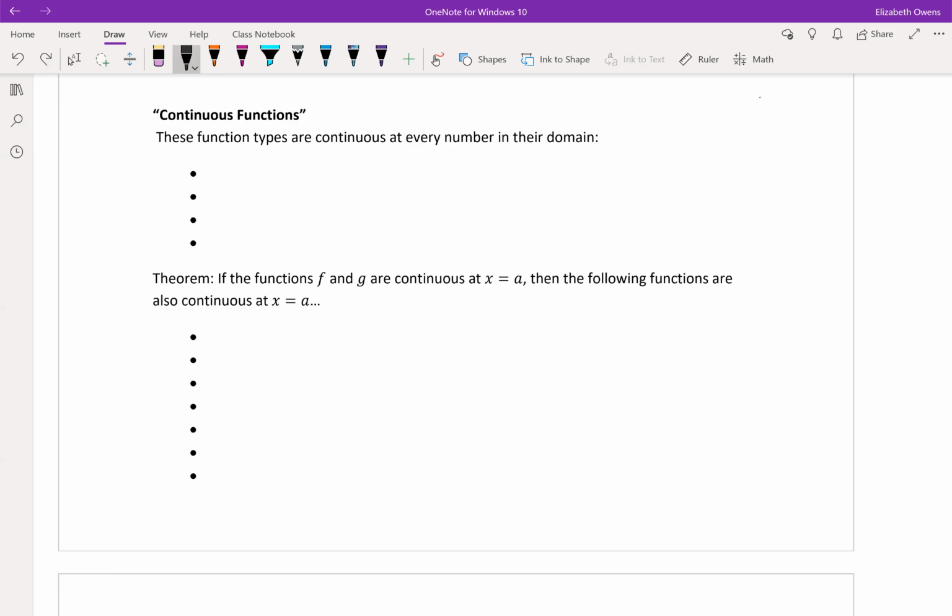And these types of functions are polynomials. Okay, so your cubics, your quadratics, things like that. Your rational functions.